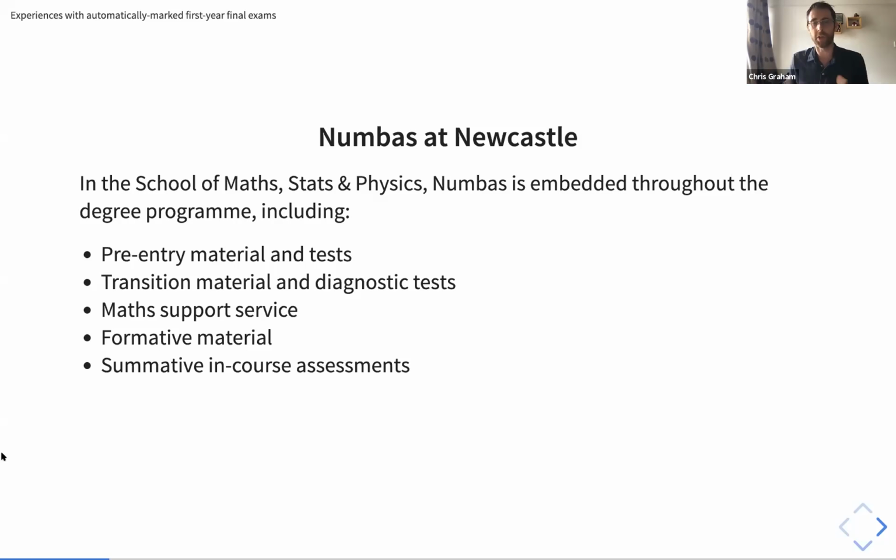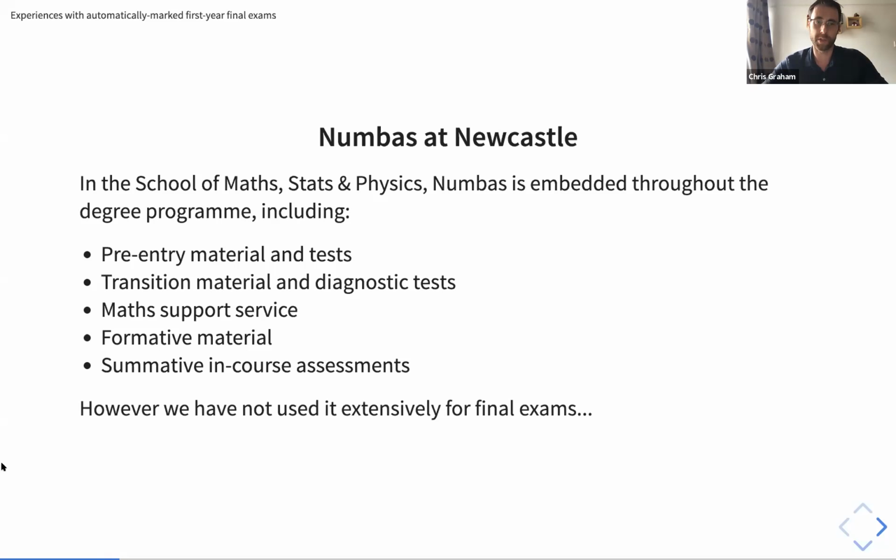There is a huge bank of practice material that is used to supplement the content of each module. And then for many modules, we use Numbas for in-course assessments. Those are usually low stakes, bar a few in-class tests. Up until this year, we hadn't used Numbas extensively for final exams, at least outside of service modules, and of course, until this year, for obvious reasons.